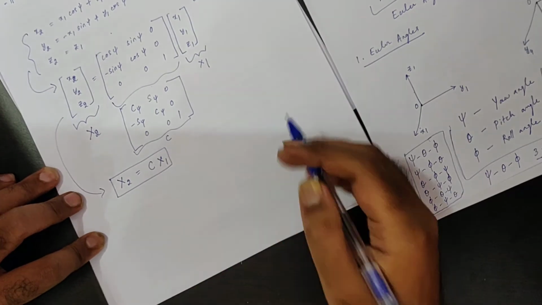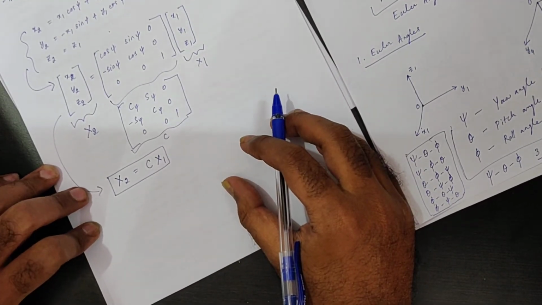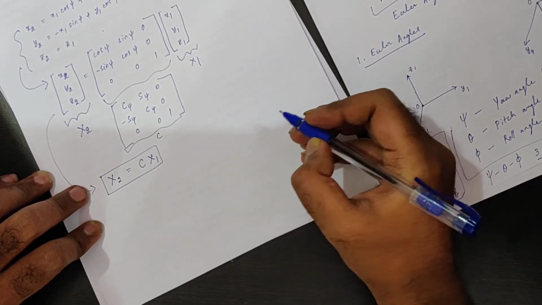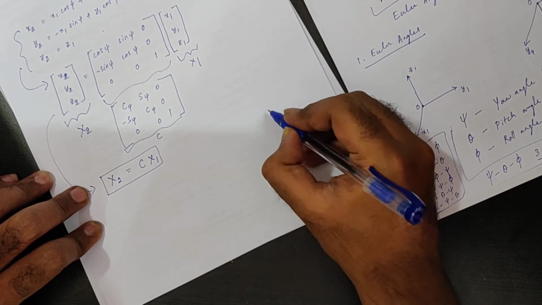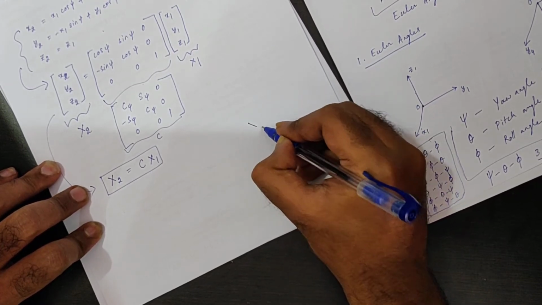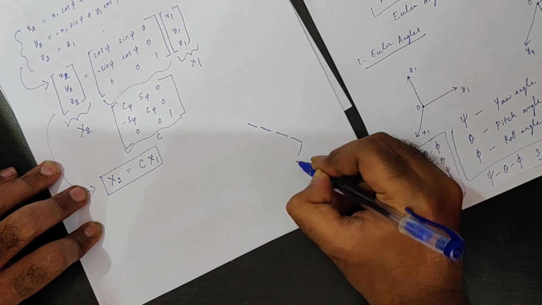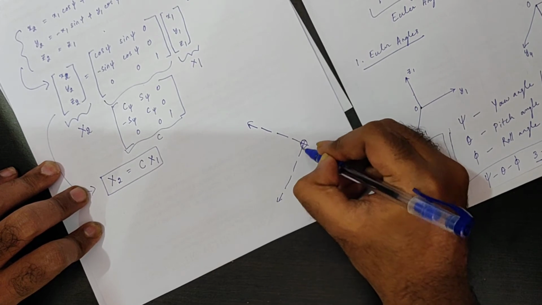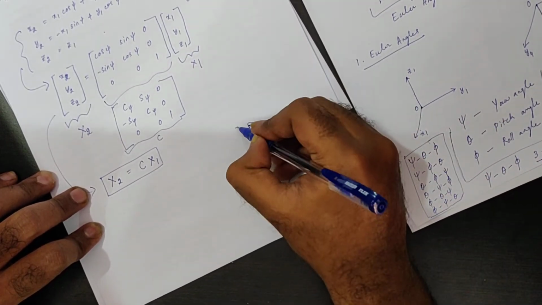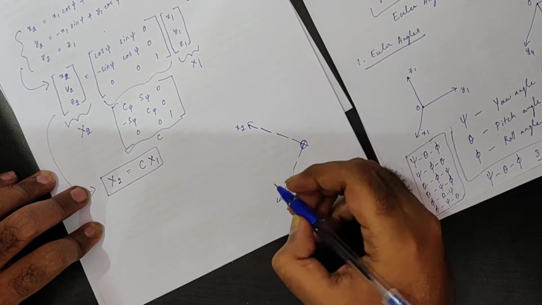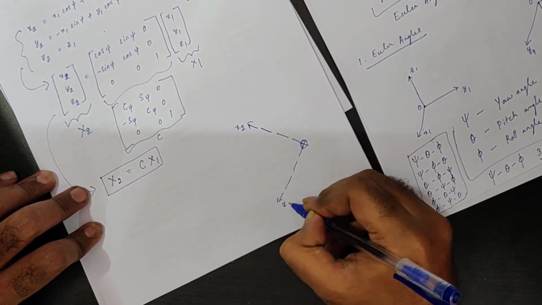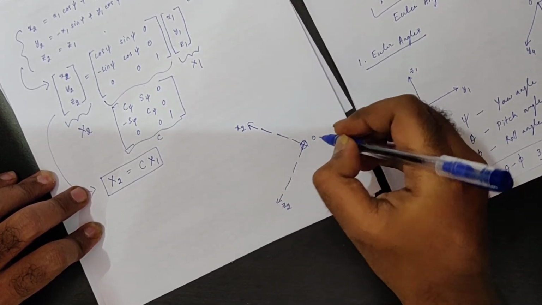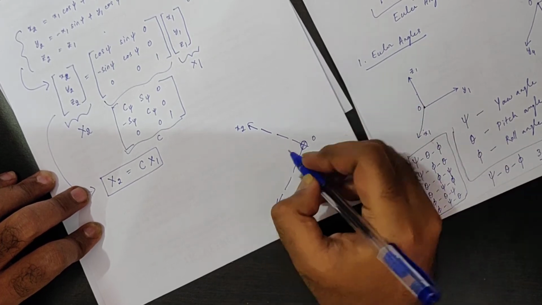Now we will proceed with the next rotation, and that is about the theta axis. So let me draw it. This is x2 and this is z2, this is O, and the y2 axis is into the paper.